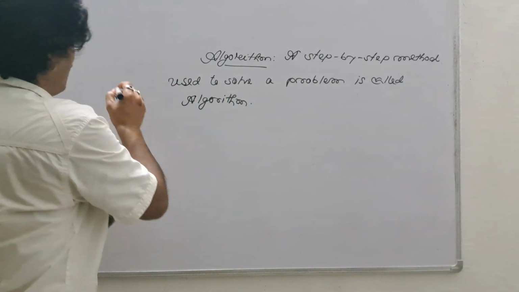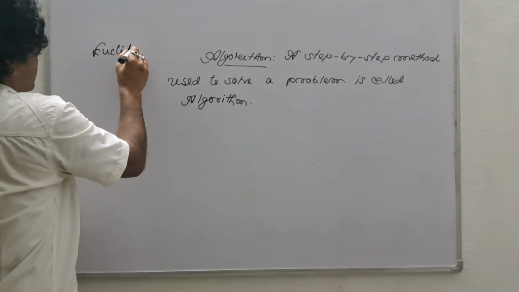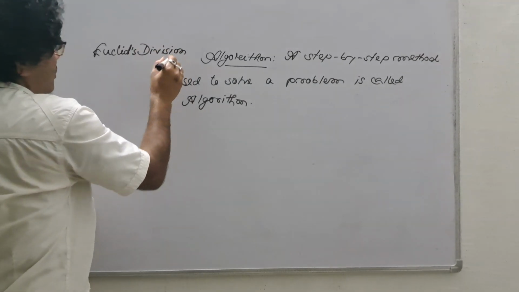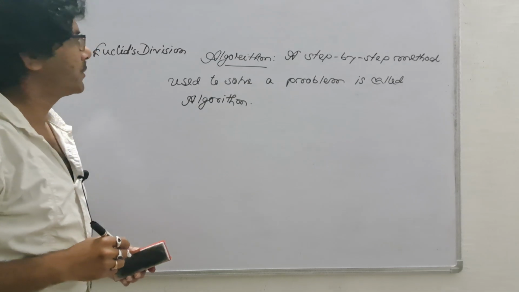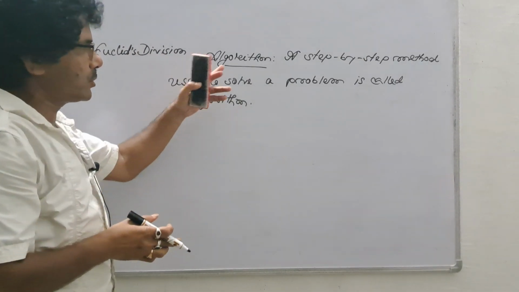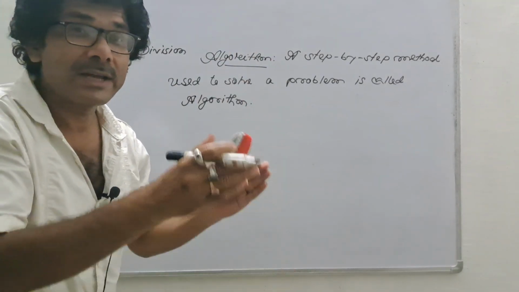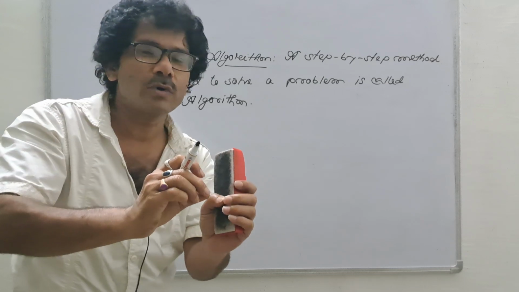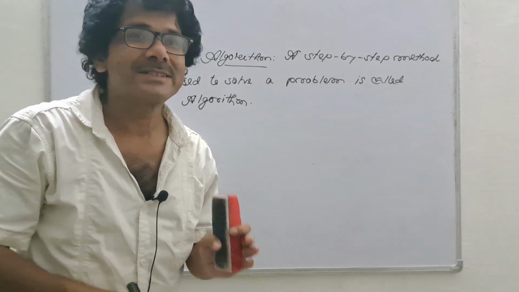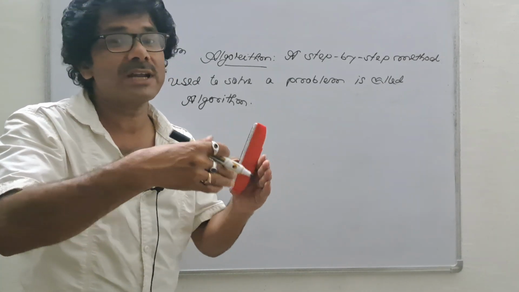Now Euclid's division algorithm. Euclid's division is added to the word algorithm, so Euclid's division algorithm is also an algorithm. But here in each step we use what? Euclid's division lemma. Since we use Euclid's division lemma in each step, it is called Euclid's division algorithm.